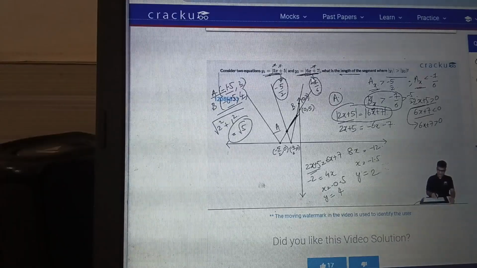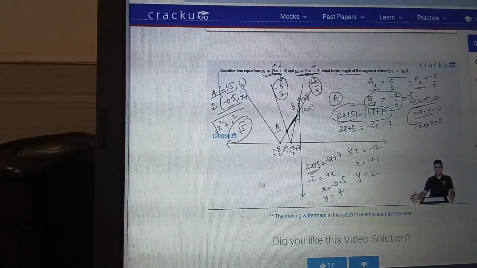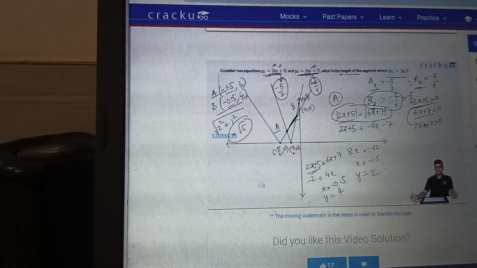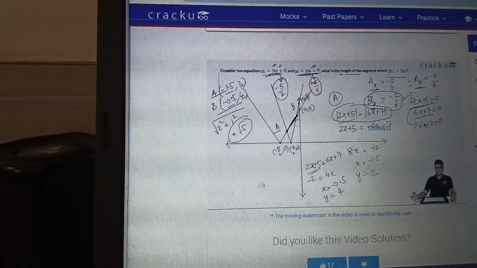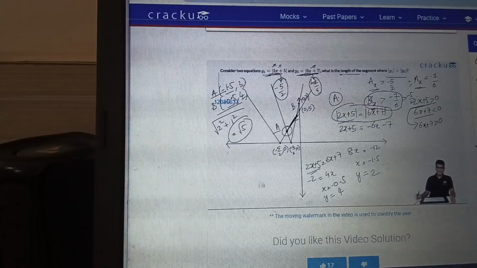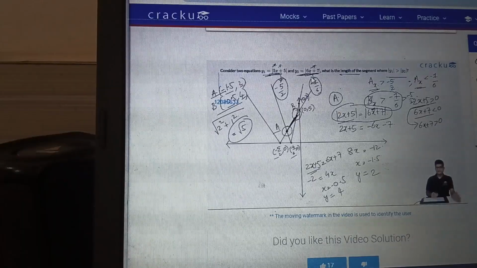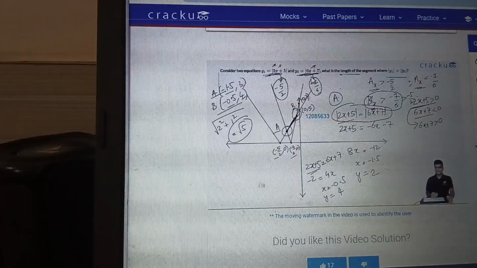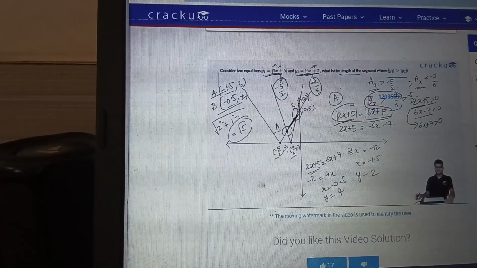By drawing the graph, we have a rough idea of where the points of intersection actually lie. The only thing that we need to figure out is, are these points of intersection to the left or right of the respective inflection points? We know that A lies between both the inflection points and B lies to the right of the second inflection point. Once we know that, we can figure out the signs of 2x plus 5 and 6x plus 7 easily.